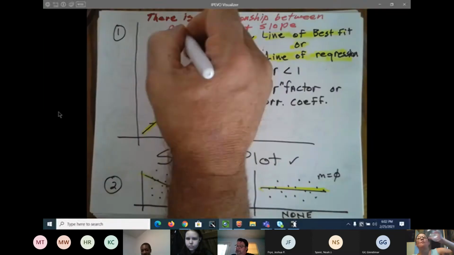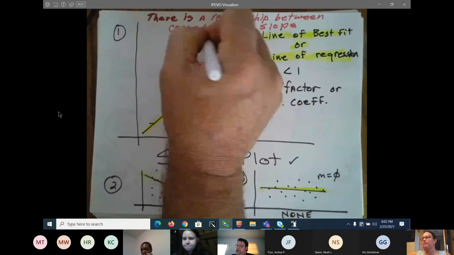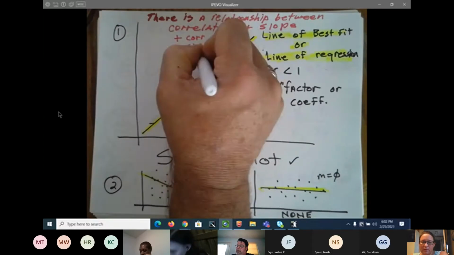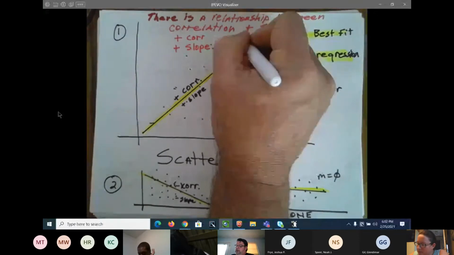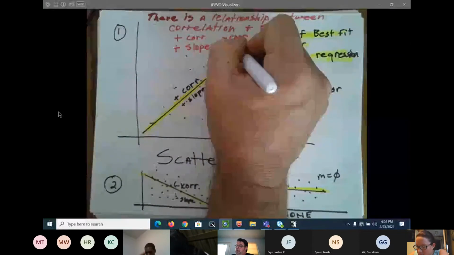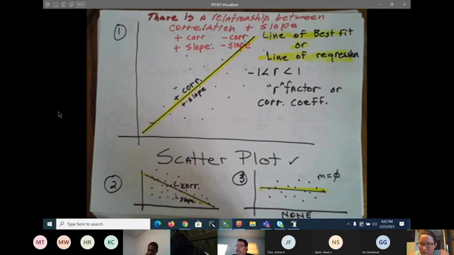If you have a positive correlation, that means you have a positive slope. If you have a negative correlation, that means you have a negative slope. That is the relationship between correlation and slope.